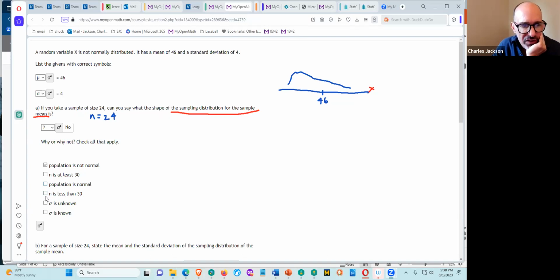N is less than 30. Yes. And sigma is known, but I don't think that matters. Sigma's being known or not known matters, but not here.